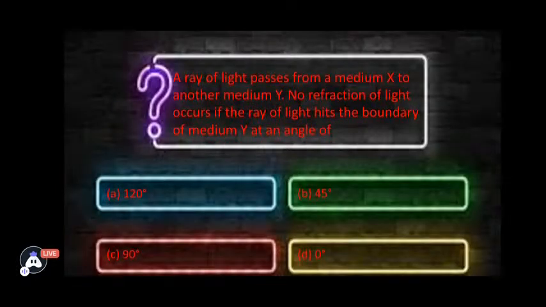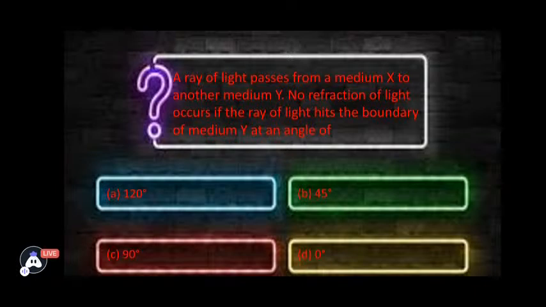Moving ahead to the next question. A ray of light passes from medium X to another medium Y. Now the ray of light is moving from medium X to medium Y. No refraction of light occurs if the ray of light hits the boundary of the medium Y at an angle of. So now you need to tell what must be the angle so that no refraction takes place.